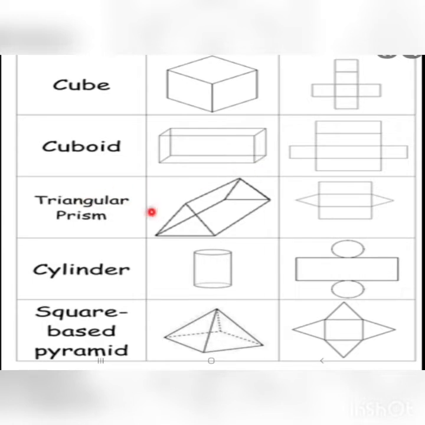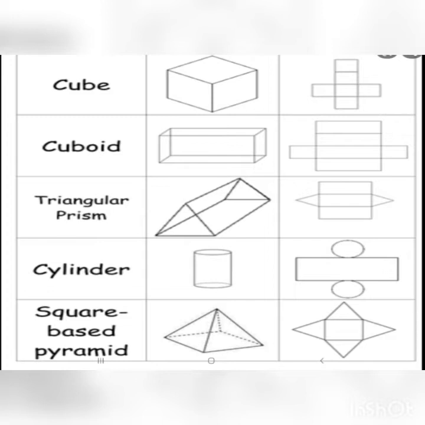Now triangular prism, here this is having a rectangle, then two sides you are having what? Triangles. Then cylinder, if you fold a rectangle piece then you are getting a what? A cylinder. Now square based pyramid, in the center you are having a square and all other sides you are having triangles.